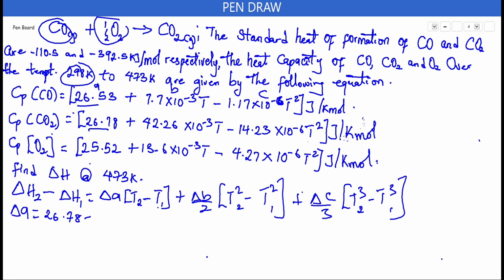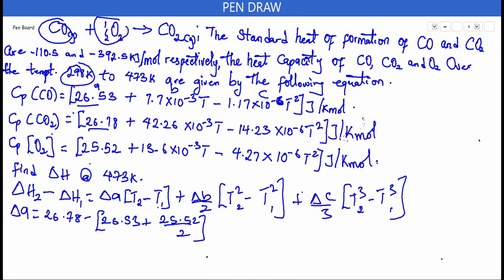So to get change in A, we have 26.78 minus the addition of the reactants, where we have CO to be 26.53 plus, now the one for O2 is 25.52, right? But we have to take into consideration the number of moles. So how many moles of O2 do we have? It is 1 over 2, so we have to divide this by 2.